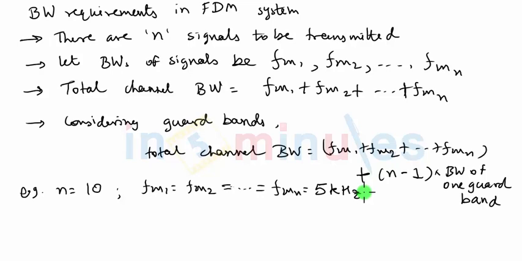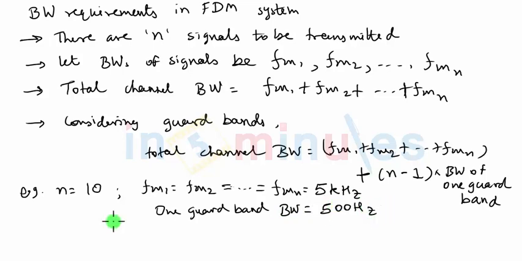Maximum we can take it up to 4 kilohertz, but for simplicity of calculation, let us assume the bandwidth of the signal to be 5 kilohertz. Let's say the guard band bandwidth is equal to 500 hertz.